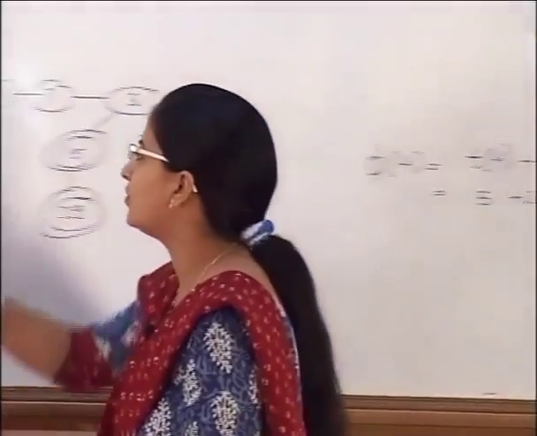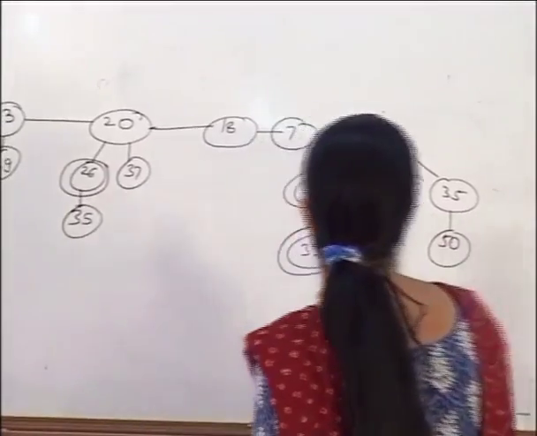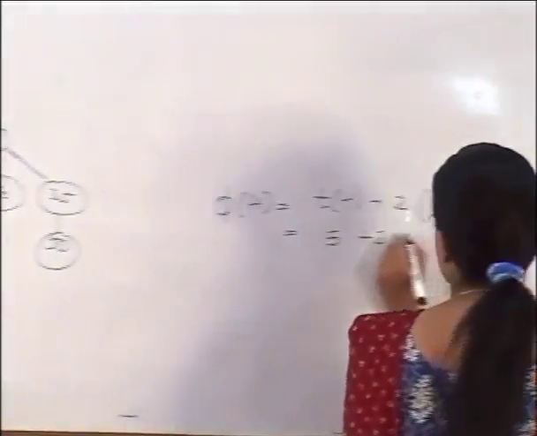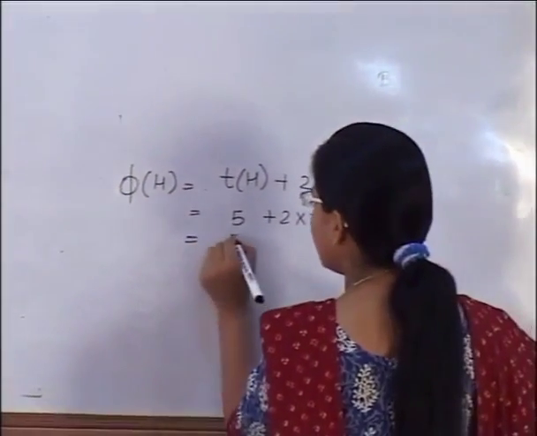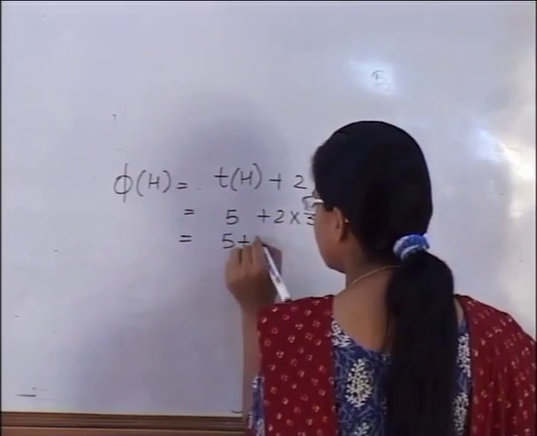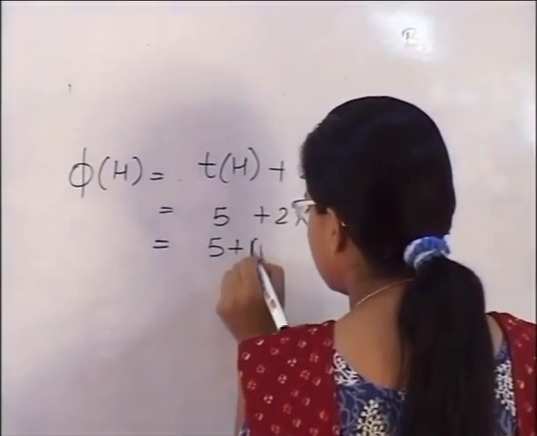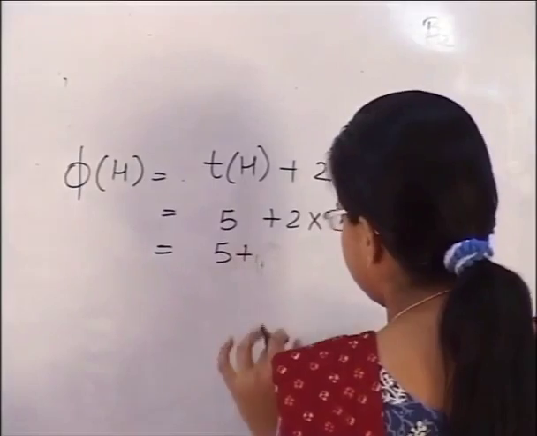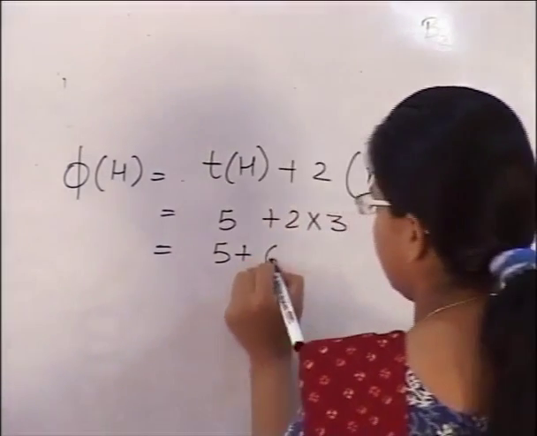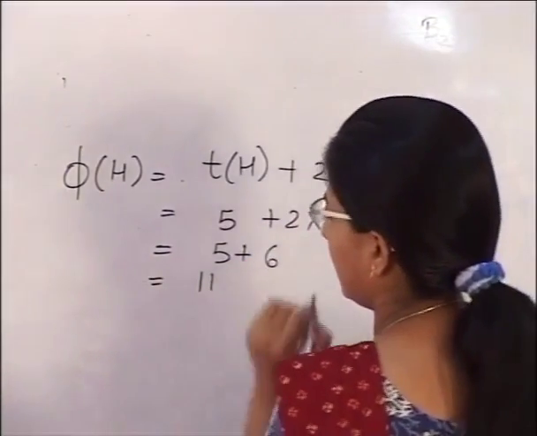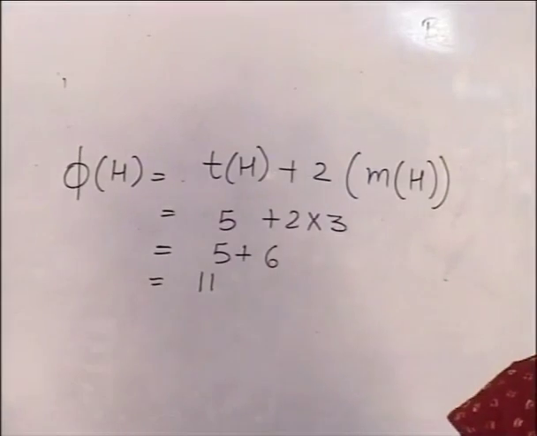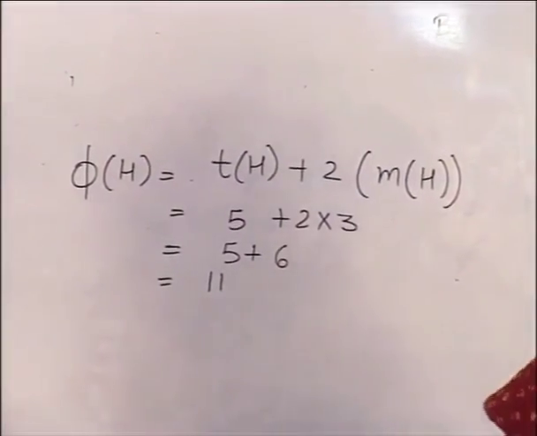The number of marked nodes is 1, 2 and 3. So, it will be 5 plus 6, which is 11. The potential function initially is 11.